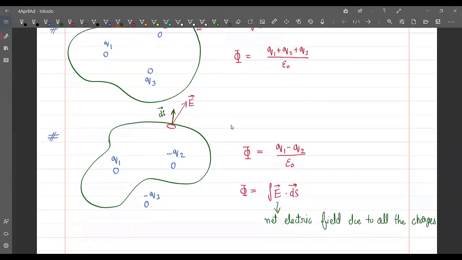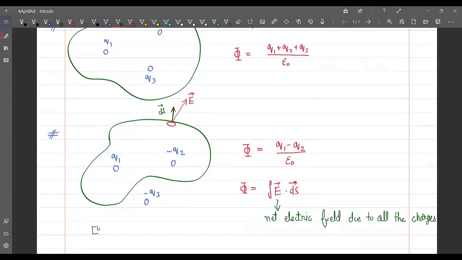Now why does this happen? See, Q1, Q2, and Q3 will give their own electric fields at this point. And we can calculate the net electric field using the principle of superposition. So my E vector at any point will be the electric field due to the first charge plus the electric field due to the second charge plus the electric field due to the third charge.